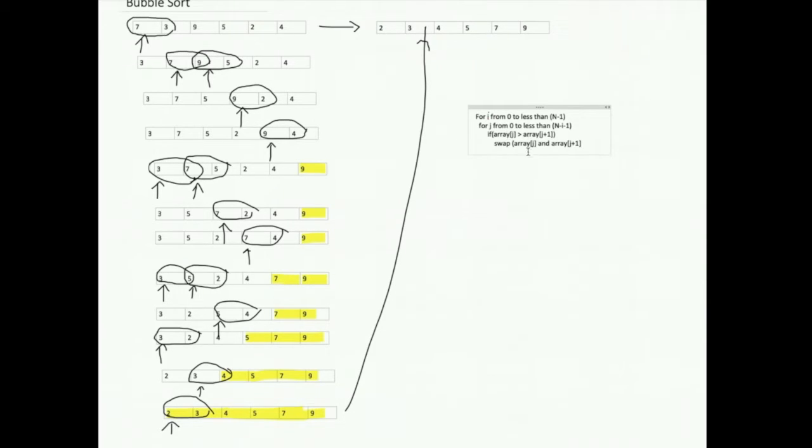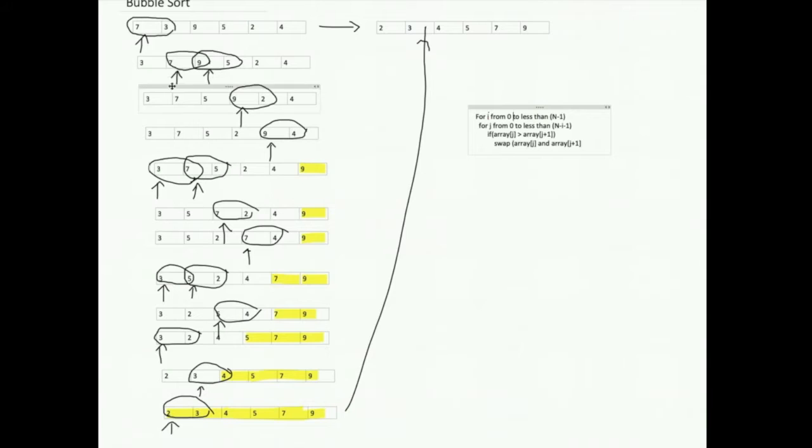So in the first step, our index is going to be 0. So i is 0, and your j is also 0. And then you compare array of 0 to array of 1 and then swap. And then you move j from 0 to 1.